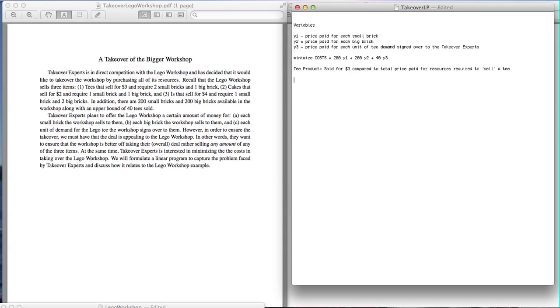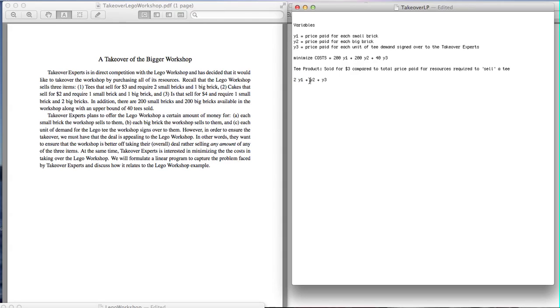So what we'll have is a constraint of 2y1 plus y2 plus y3. If I look at what we're adding up, for the T, I need 2 small bricks. And for those 2 small bricks, I can look at how much money I am getting in the Takeover problem based on the prices that we've selected for the small bricks.